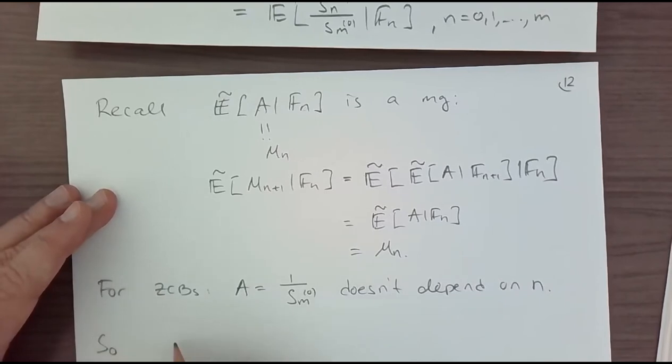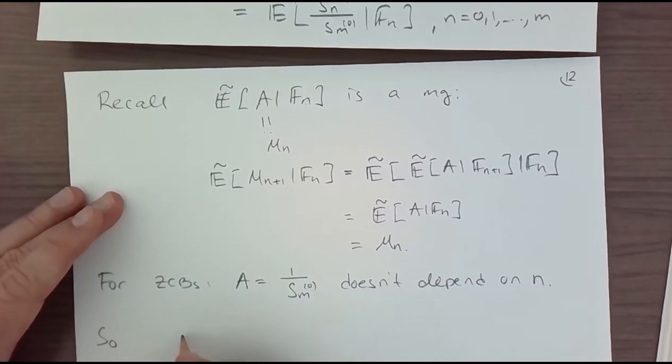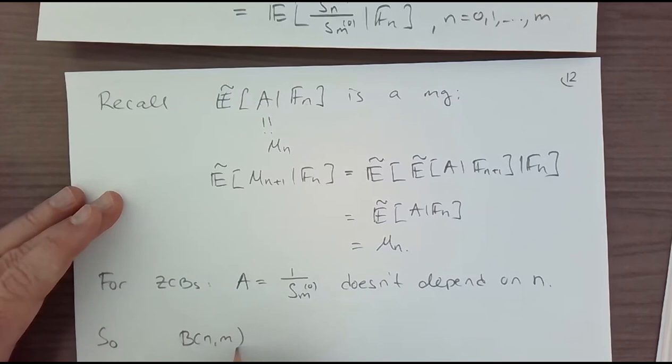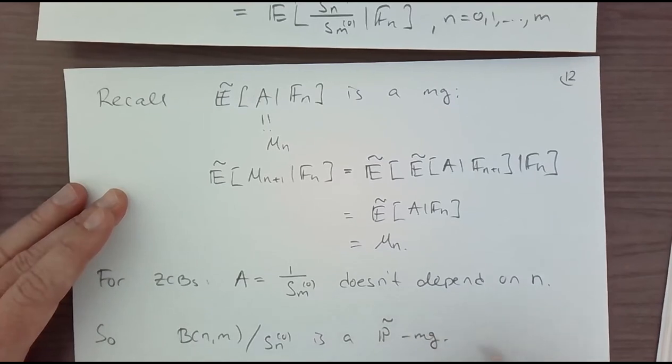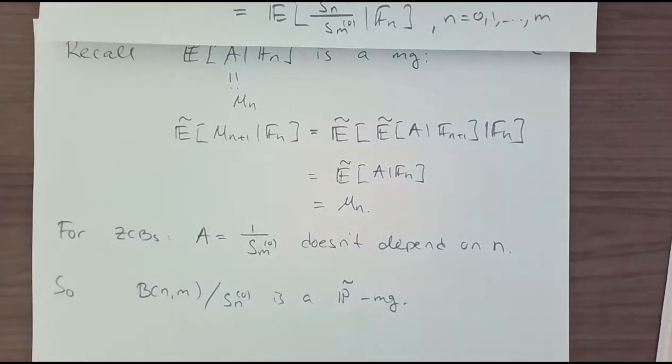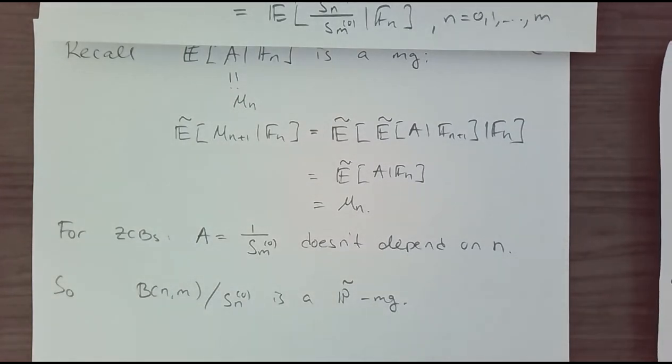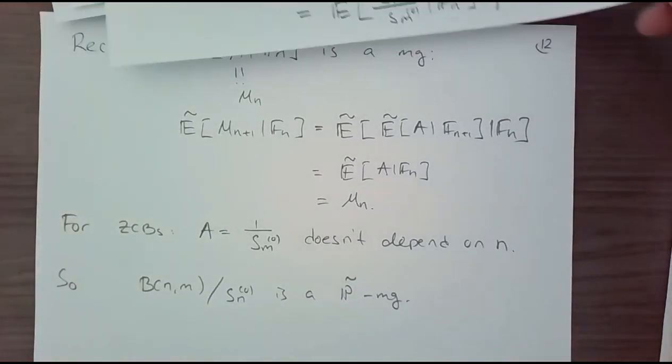So this B_nM, discounted by the bank, is a P tilde martingale. Any questions on this?